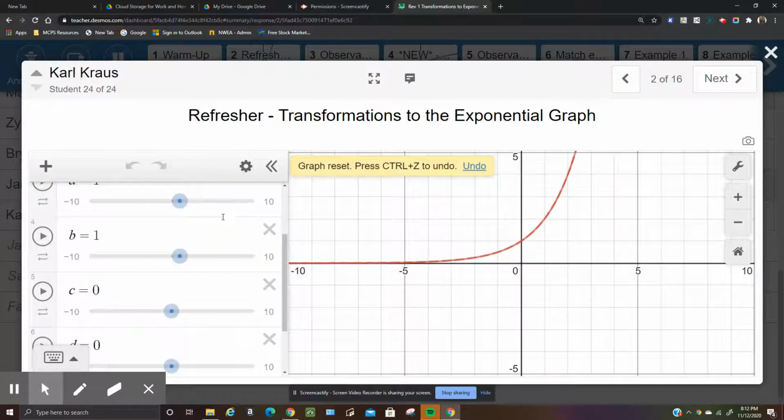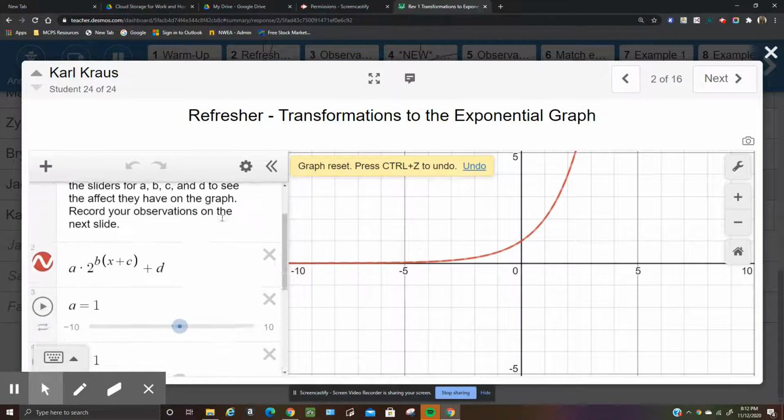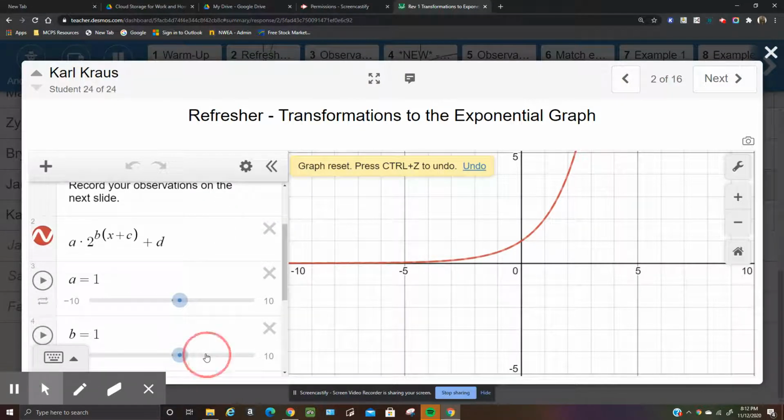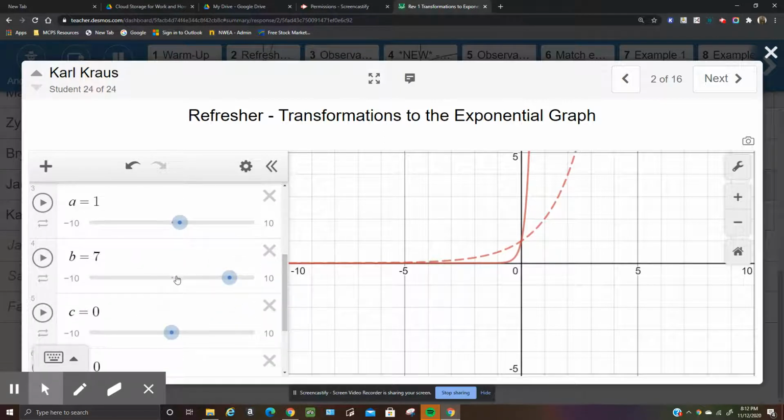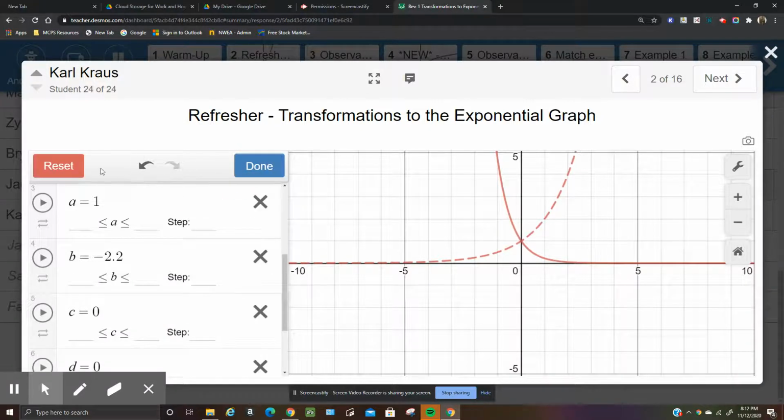Let's go ahead and reset again, and then the b value also causes dilation with respect to the y-axis, or horizontal dilation. And then if b is negative, it causes reflection over the y-axis.